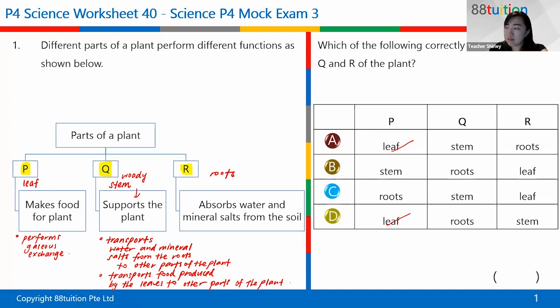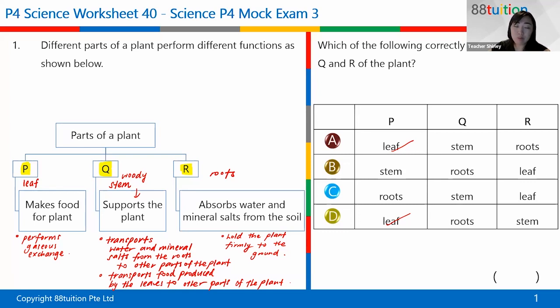On top of this, another function is to hold the plant firmly to the ground. Otherwise it will be uprooted, right? If the plant gets uprooted, then the plant cannot survive without getting water and mineral salts from the soil. So these are other functions of these different plant parts.